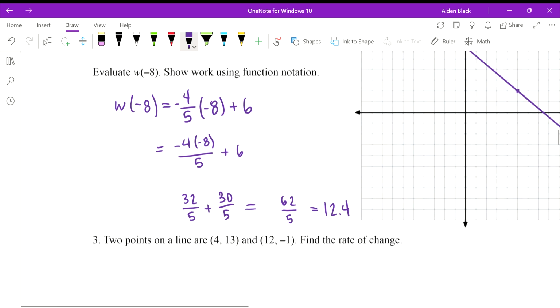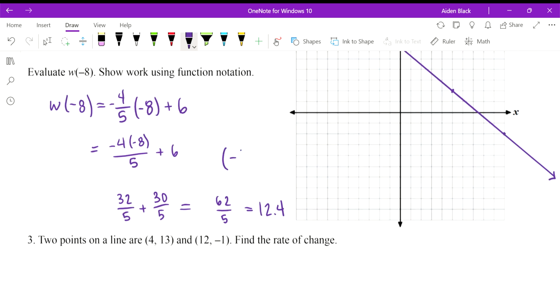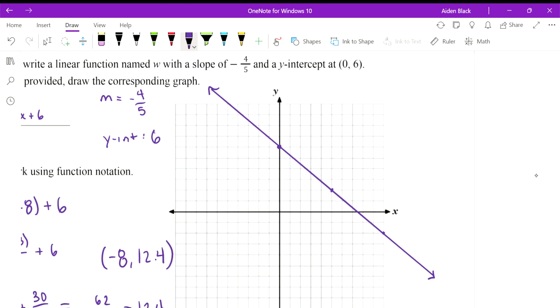Okay, so that is a point on the graph, (-8, 12.4). If you went to this graph and you did go back 8 and you went up 12.4, you would have a point that is on this graph. Just like this is a point, this is a point, they're all on that graph.